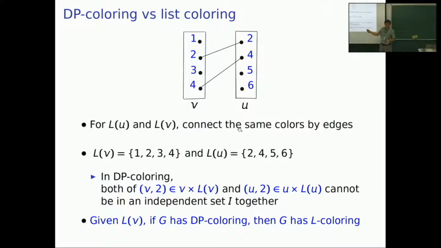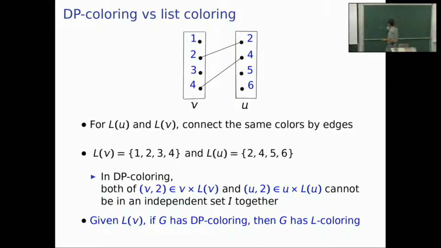Also in list coloring, we can choose only one color there, right? So if we have a matching like this, then it becomes list coloring. So this is how DP coloring is a generalization of list coloring.